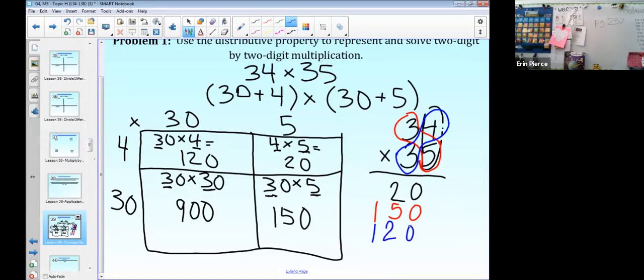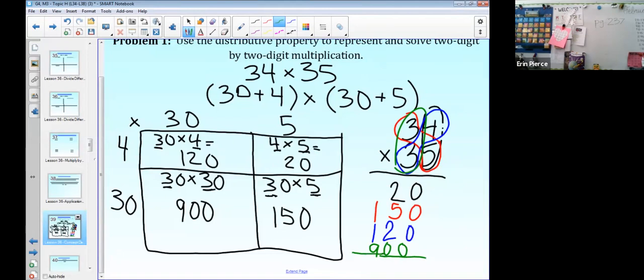Okay. Ooh, I'm running out of room. All right, and then my last one is 30 times 30. 30 times 30. Okay. 900. Wish that wasn't there at the bottom. Oh well, can't do anything about it.